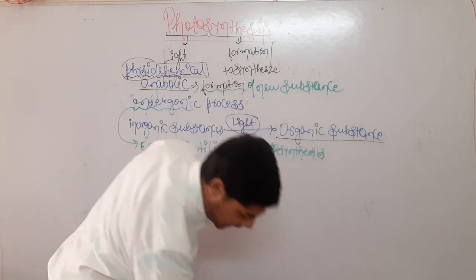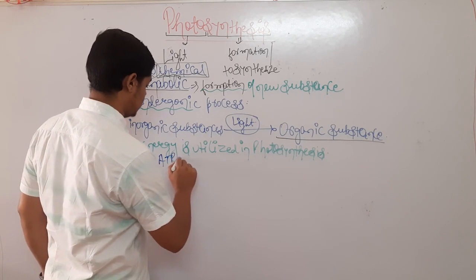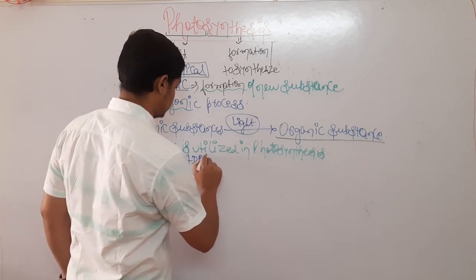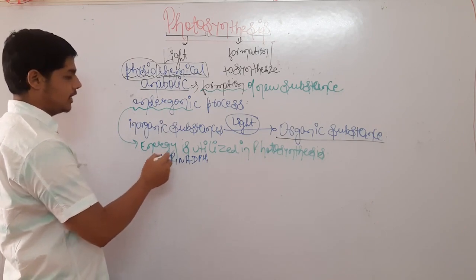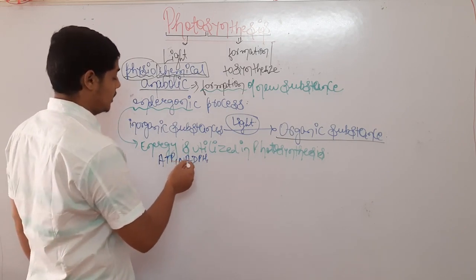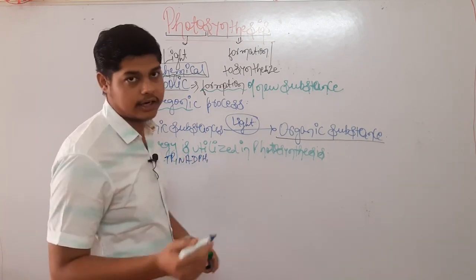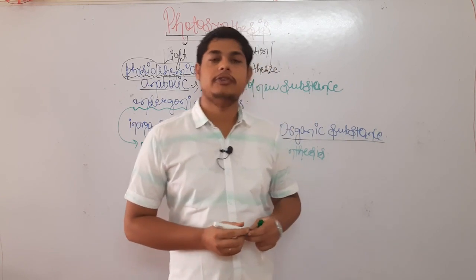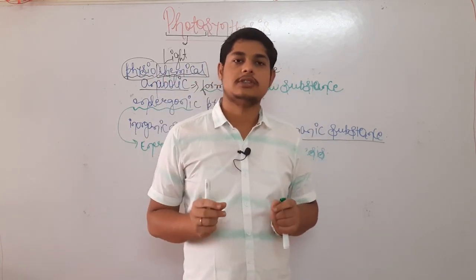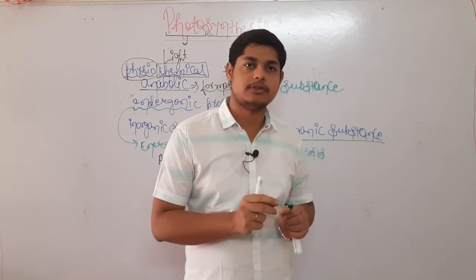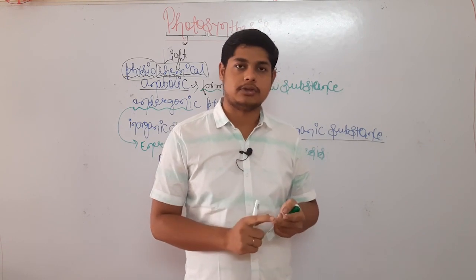And energy will be supplied in the form of ATP, NADPH, etc. ATP means adenosine triphosphate, and NADPH means nicotinamide adenine dinucleotide phosphate hydrogen. So if we define photosynthesis, we can define that photosynthesis is a physiochemical, anabolic, endergonic process.